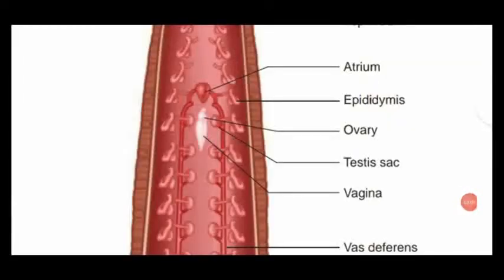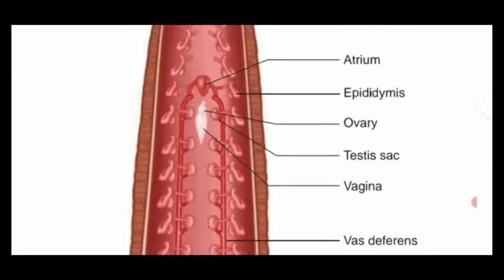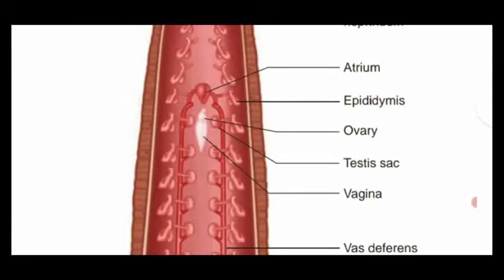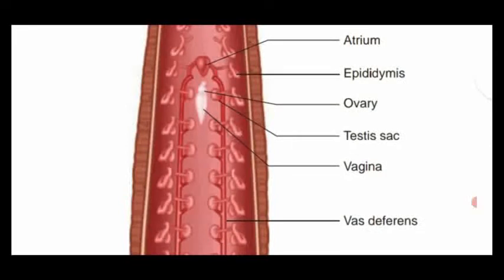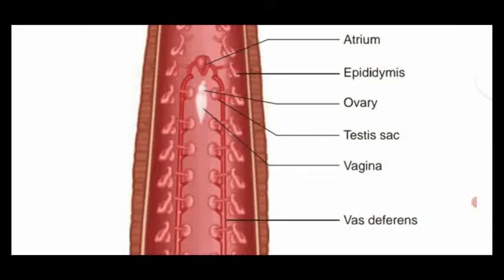Dear students, this is the female reproductive system of leech. See the pear-shaped vagina which is present at the ventral side of the posterior region of the 11th segment. At the side of the vagina, there is a pair of ovaries. The ovary leads into a smaller cavity called the oviduct.